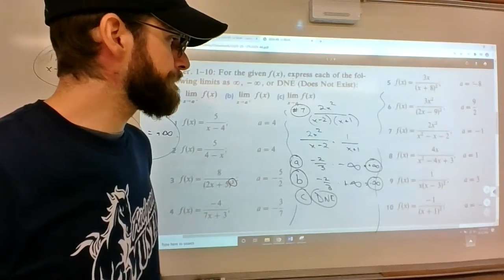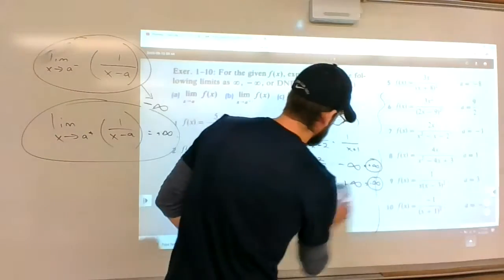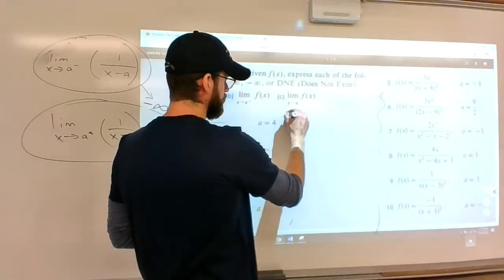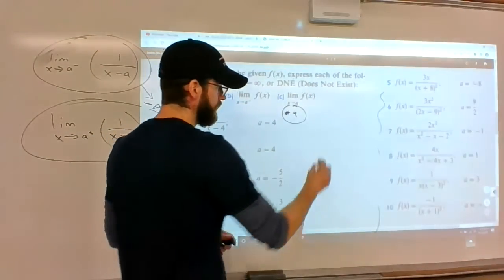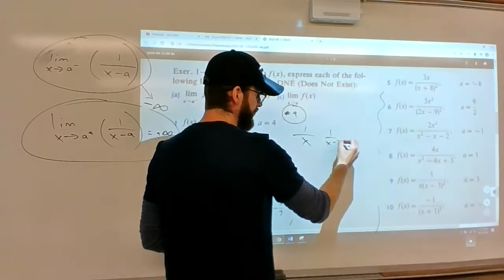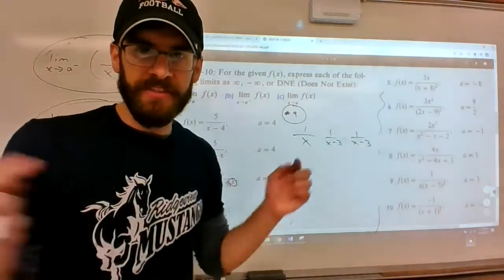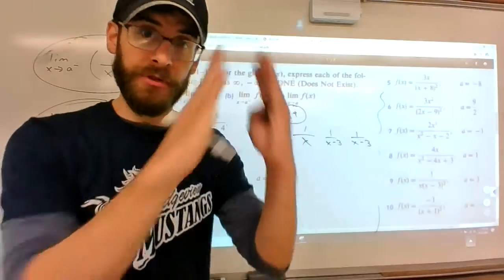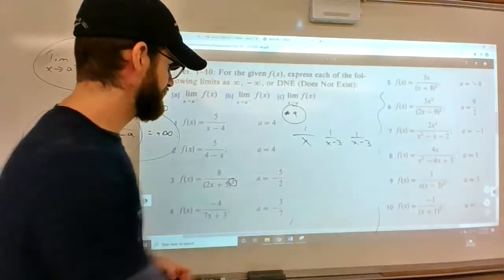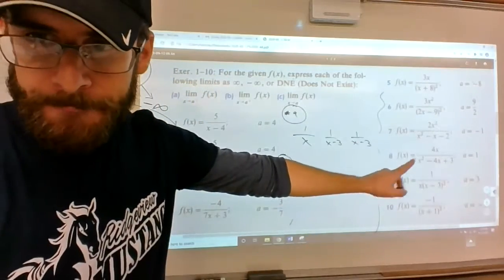All right. I'll do the last one, then we'll start a new video. Number 9. You can break this up into 1 over x times 1 over x minus 3 times 1 over x minus 3. It seems like the squares have made them both either go to negative infinity or both go to positive infinity. I wonder if that's going to happen here. Well, we're going to 3, okay?